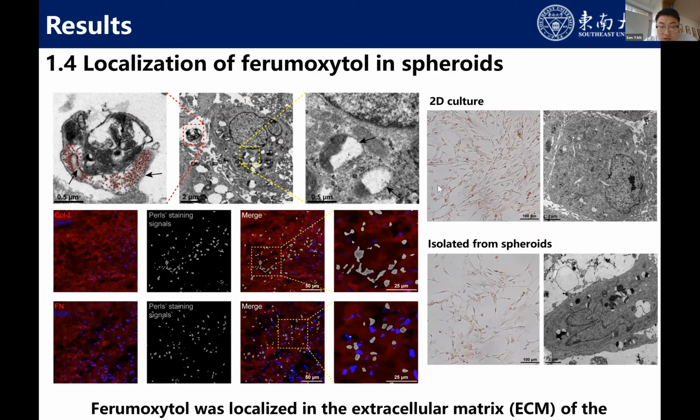This result indicates that our labeling method is independent of cellular uptake of ferumoxytol. It relies on accumulation of ferumoxytol in the extracellular space. Ferumoxytol was localized in the extracellular matrix of the spheres instead of the cytoplasm.